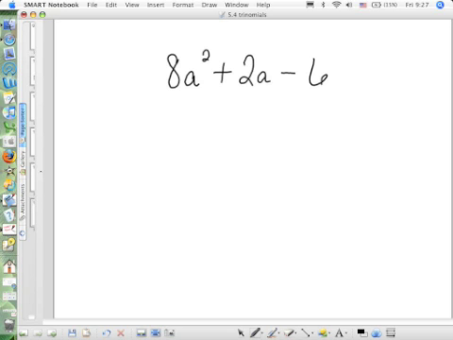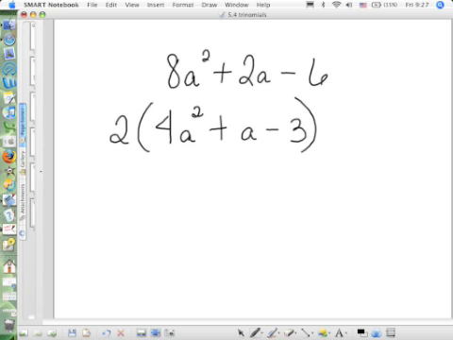And so the first thing that you've always got to look for is, is there a greatest common factor in all three terms that I could pull out? There is. What? A 2. So if I pull a 2 out first, it leaves me with 4a squared plus a minus 3.